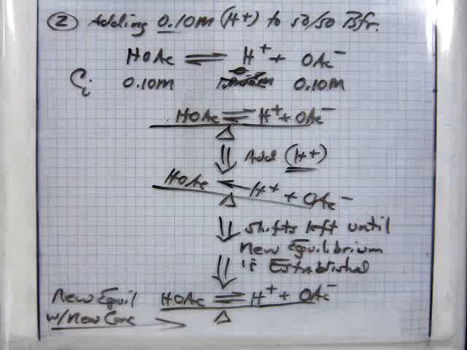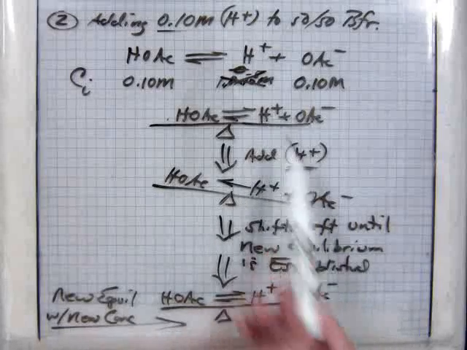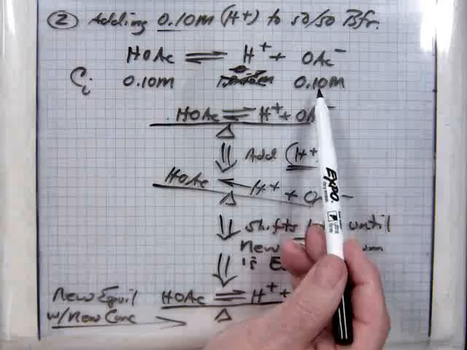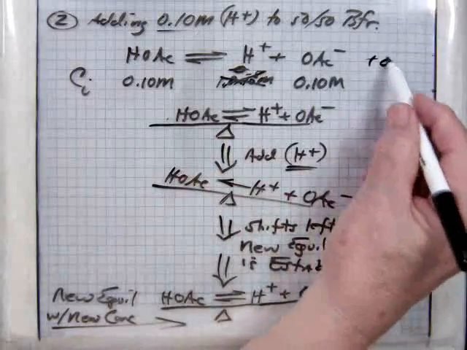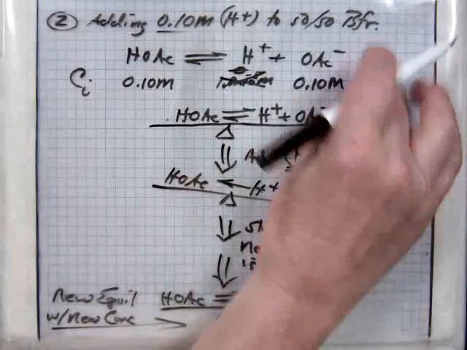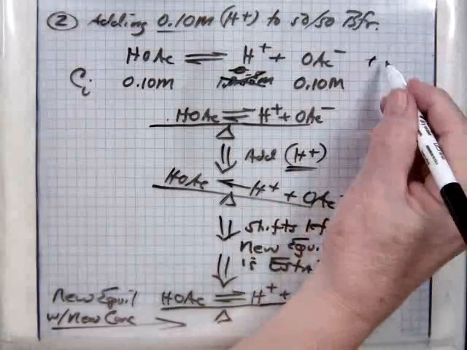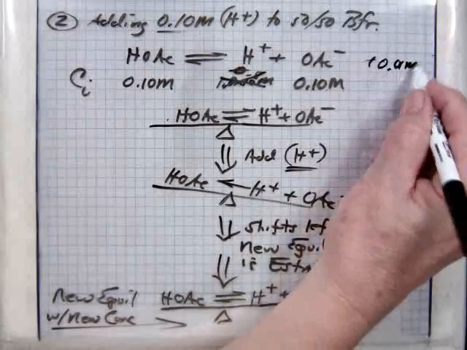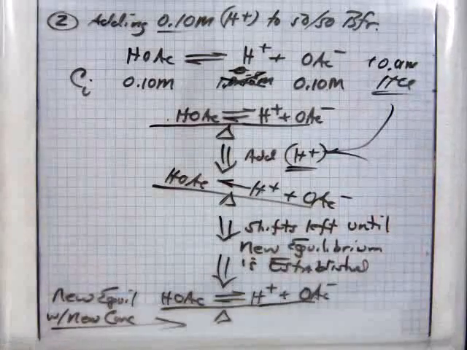Now, to this point, does everybody understand what the natural trend is? I mean, what happened? Now, if we add the excess, that's what this is all about. We've got this, and then we throw in 0.01 molar of, say, HCl, something like that.